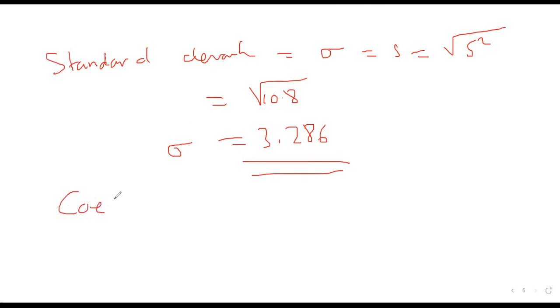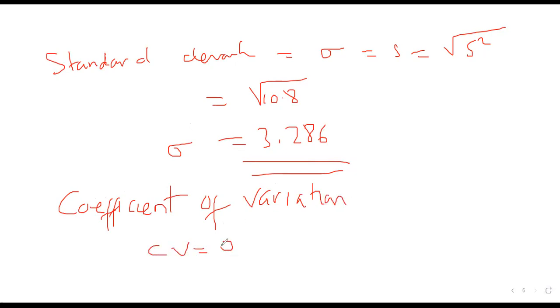Then we have what we call the coefficient of variation. Coefficient of variation, or commonly known as CV, is given by standard deviation over our mean times 100. So it measures the percentage by which we are deviating from our expected value, which is our mean.